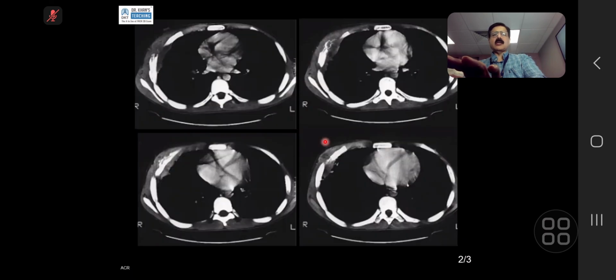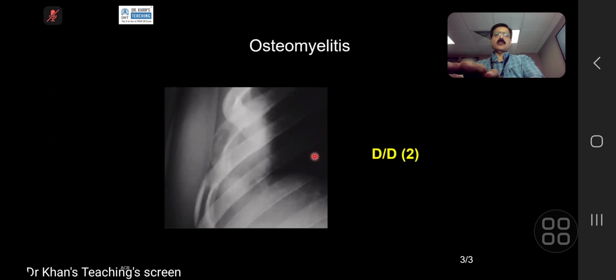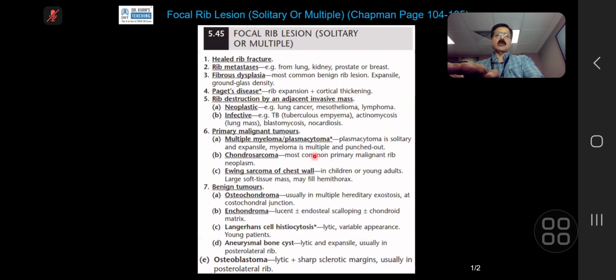On CT, you can again see bony destruction and some soft tissue component. Now, the differential diagnosis, focal rib lesion, solitary or multiple. Please remember that the examiner wants the differential diagnosis in this case.